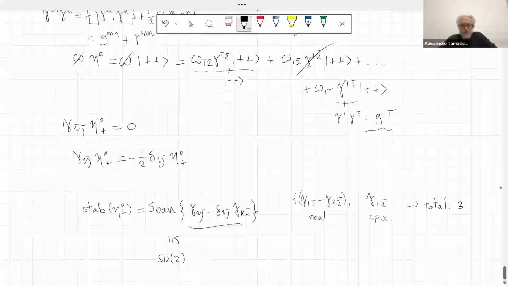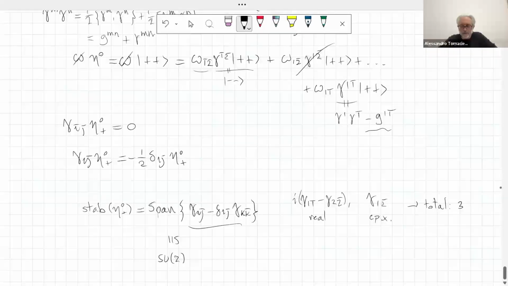The condition that it shouldn't have any parts like this, you see we set to 0 the coefficients that have 2 bars. And by reality, then we should also set to 0 those without bars.